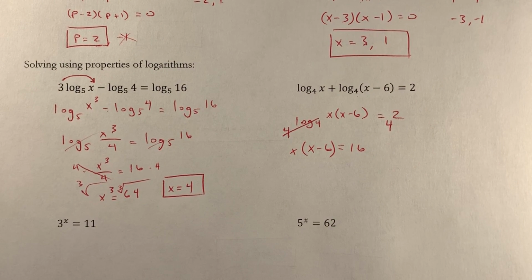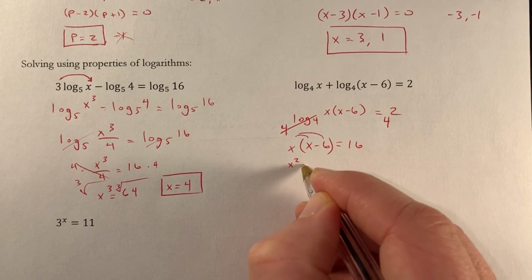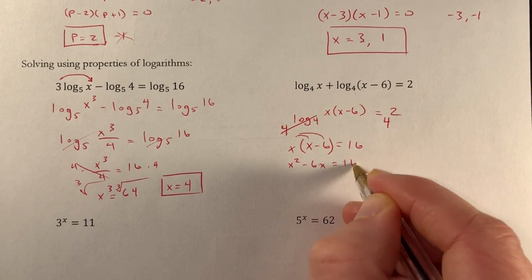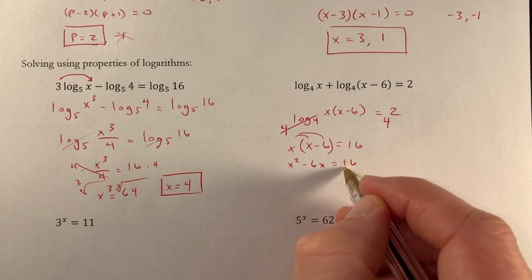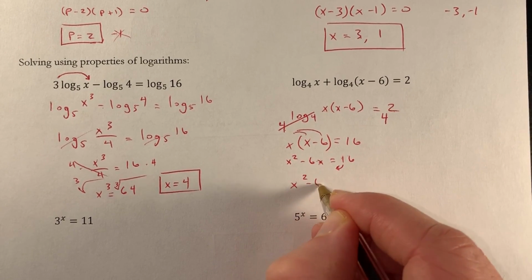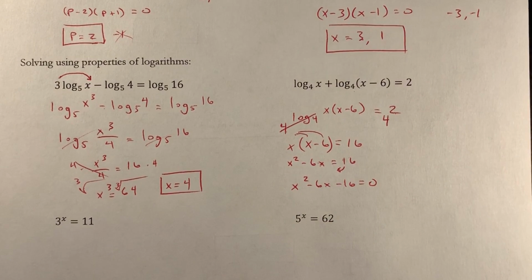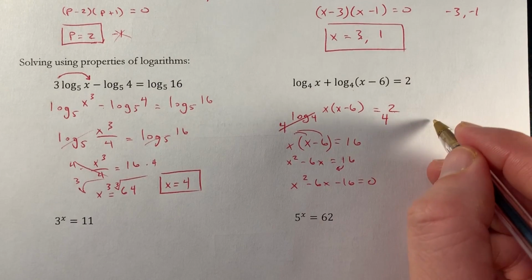Okay, so now I can distribute: x squared minus 6x equals 16. And I can bring this 16 over to the left side. X squared minus 6x minus 16 equals 0. And now I am going to factor.